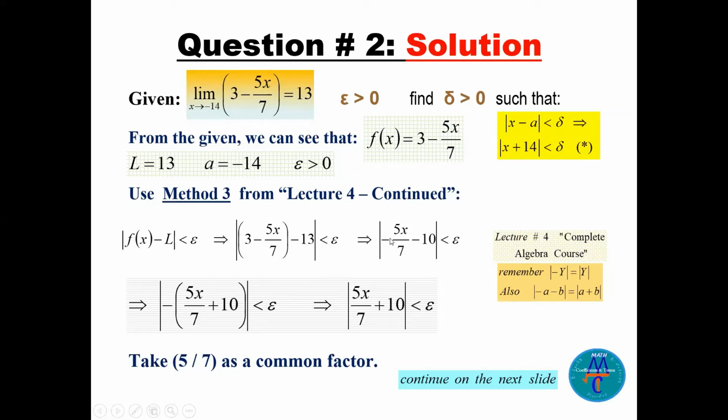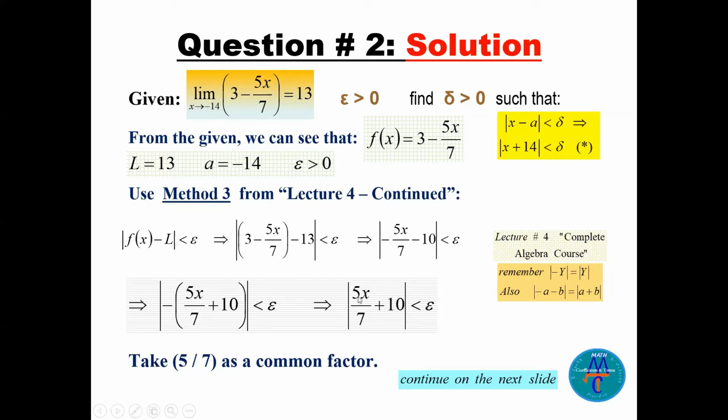So we can remove this minus because the absolute value of minus 1 is 1. So what's left here is the absolute value of 5x over 7 plus 10 less than epsilon. Remember that, take a minus as a common factor and then use the absolute value of minus y is the same as the absolute value of y.